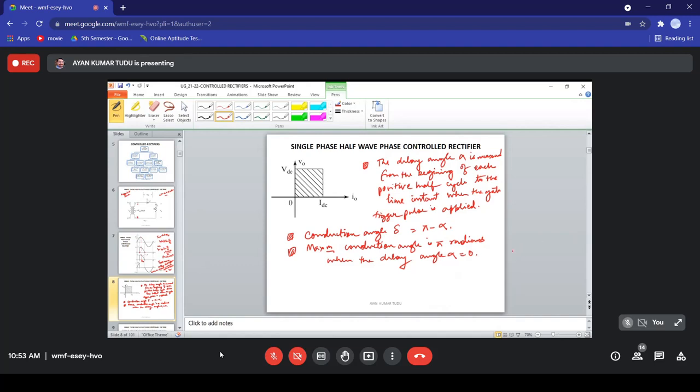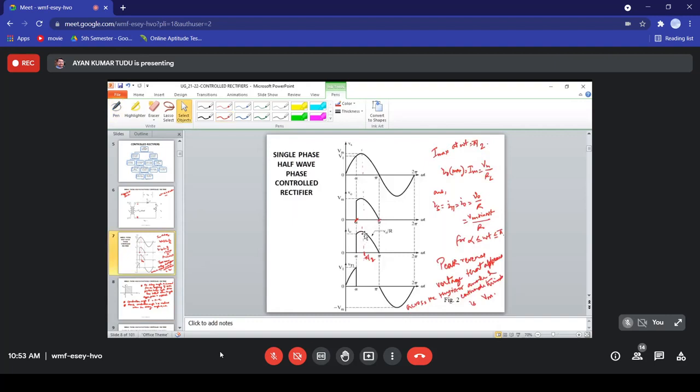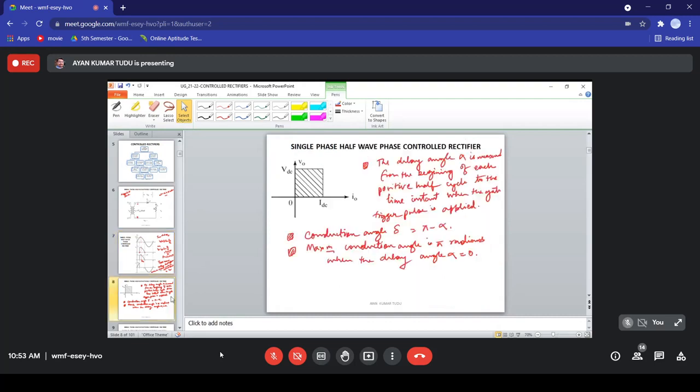One thing is clear from this waveform: the output voltage and current are in the same polarity, as you can see here. Hence this rectifier can be taken to be a first quadrant operation. Why?